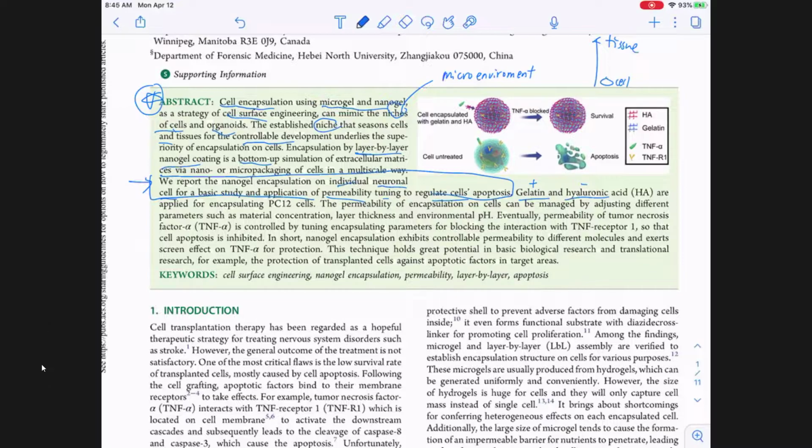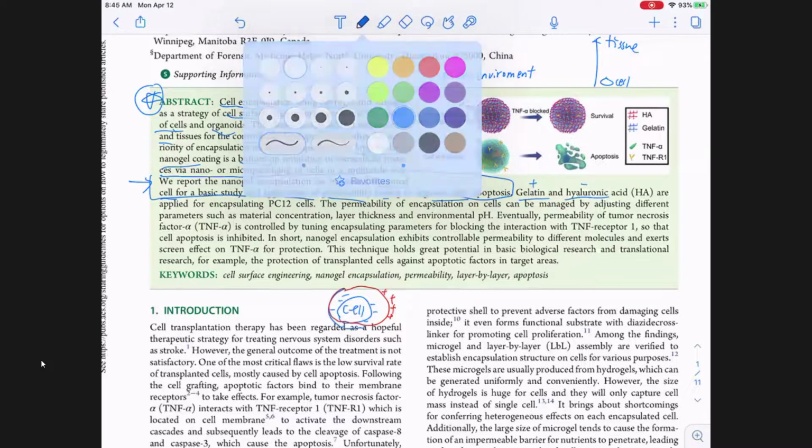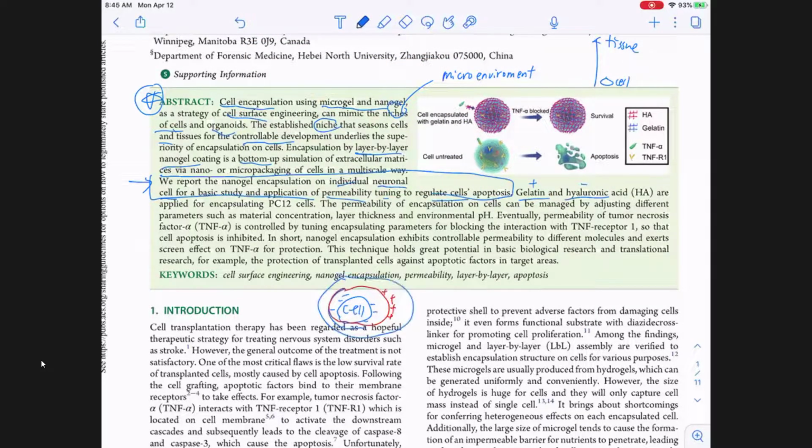Because the cell membrane is negative charge, we can coat with gelatin, which is positive charge, then again a negative charge, that's the alginate or HA, hyaluronic acid. Both are possible.